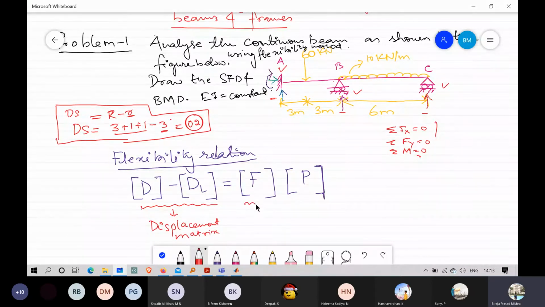This one is called the flexibility matrix. And what is this called? This we call the load vector.